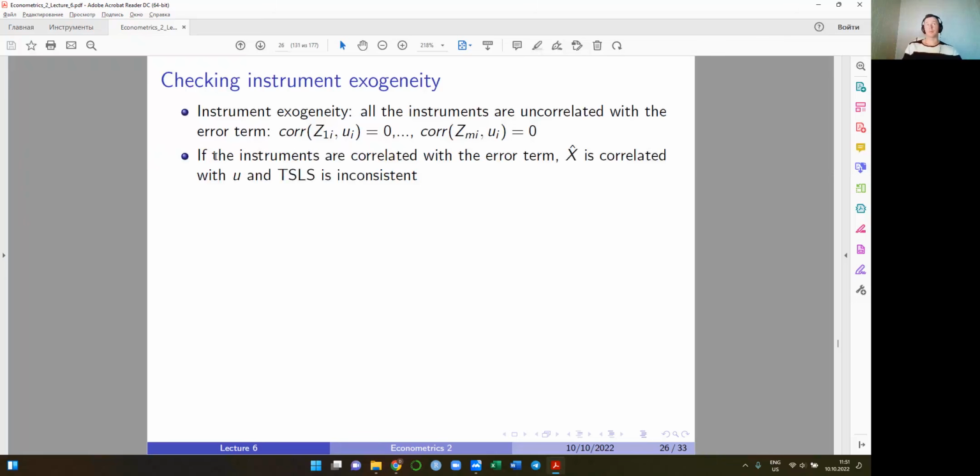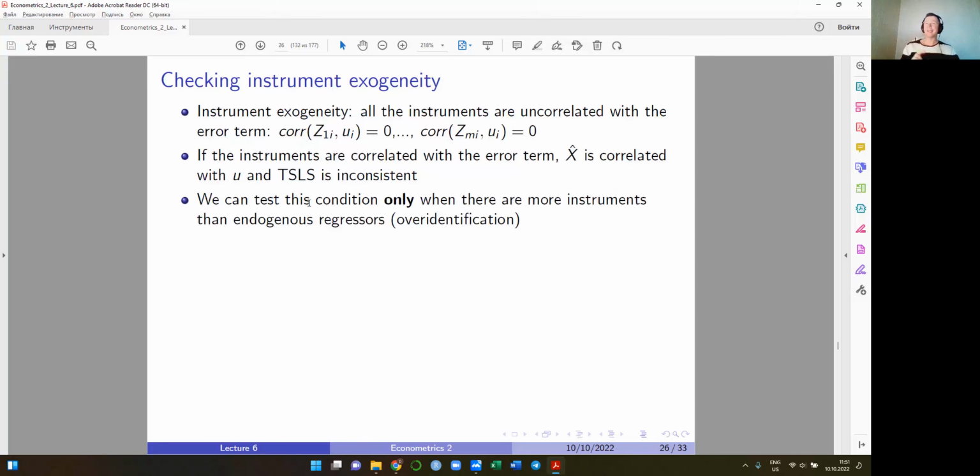The problem is that when instruments are correlated with the error term, X hat is going to be correlated with the error term, and that doesn't solve the initial problem that we wanted to solve. We wanted to break this link between X and U, and if instruments are correlated with U, it doesn't help.